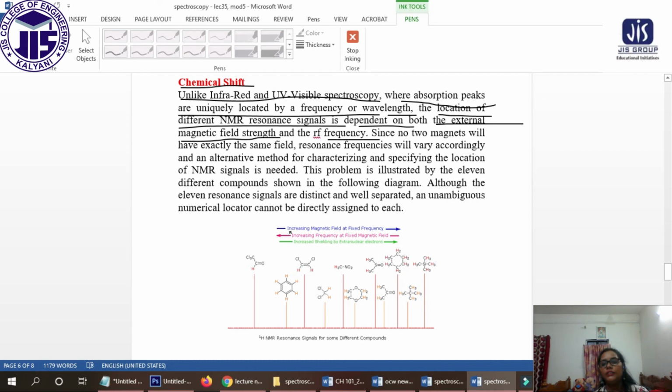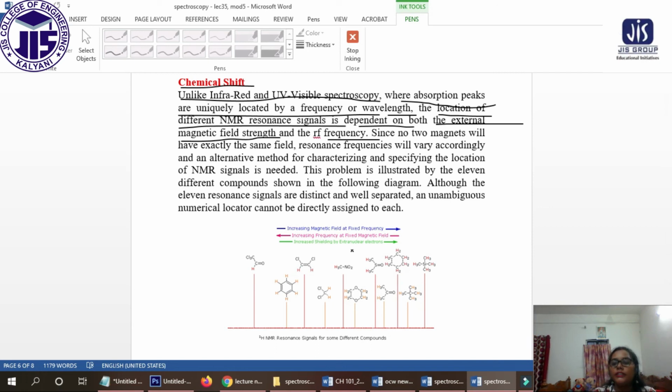If we go towards the right, the magnetic field is increasing at fixed frequency. Mind it, at fixed frequency the magnetic field increases, and at a fixed magnetic field, going from left to right, the frequency is increasing. And lastly, this is the order of increasing shielding effect by the extranuclear electrons.